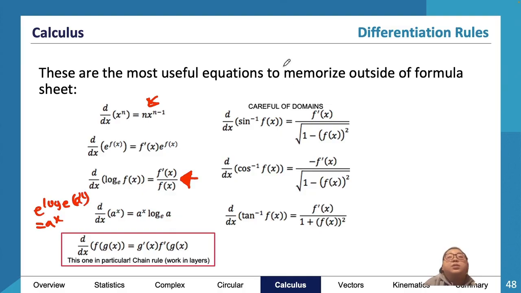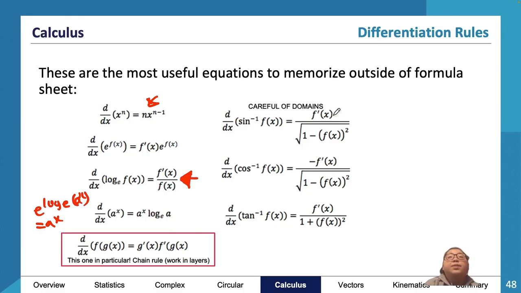In terms of these, just be careful of the domains that you're working with. So sine inverse, cos inverse, and tan inverse. A key thing is that for sine inverse and cos inverse, you're going to have 1 at the top, whereas for tan inverse, if this was x over a, you're going to have a at the top. So you just need to remember that these only have 1 on the top, regardless of what a is, whereas this one will have a at the top, corresponding to your a squared at the bottom.